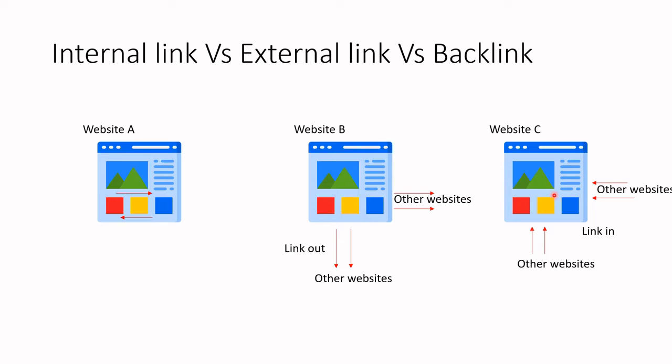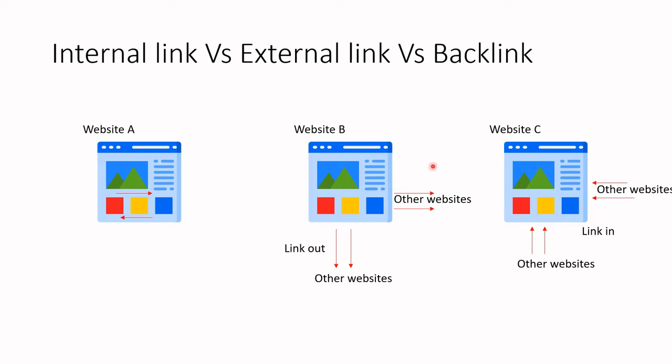Next, backlinks. Backlinks are the most important links in SEO. Backlinks are a ranking factor to rank your website on organic search results. So what is a backlink? Backlinks are links referring to your website from other websites.